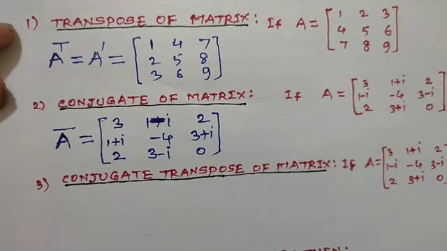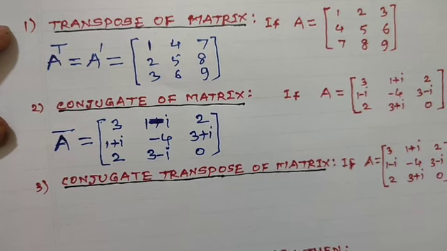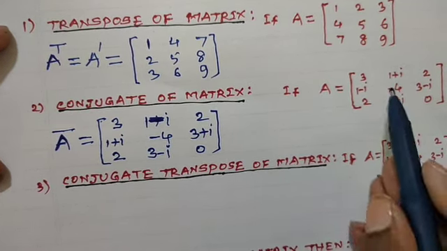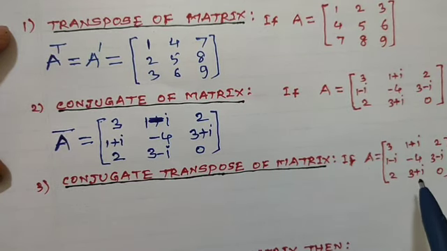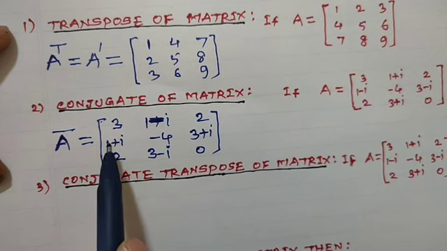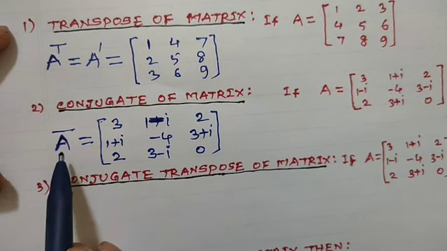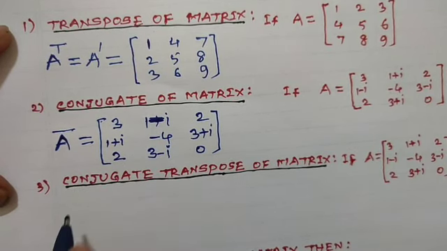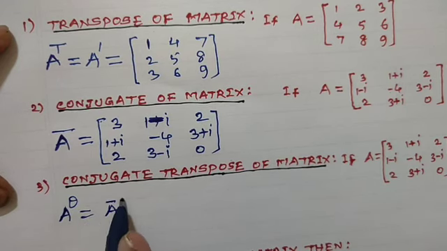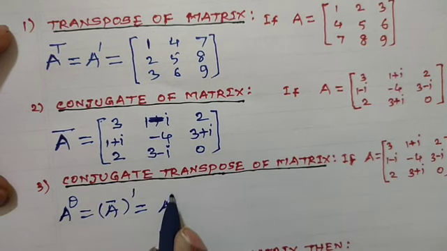Then the conjugate transpose of a matrix. If A is this matrix, we have to find its conjugate transpose. The conjugate is already obtained in the second case, A bar. Its transpose will be the conjugate transpose, which we denote like this: A theta. A theta is nothing but the conjugate first and then its transpose, or simply first the transpose and then its conjugate.